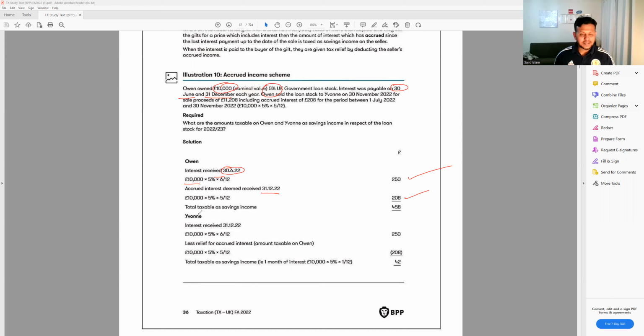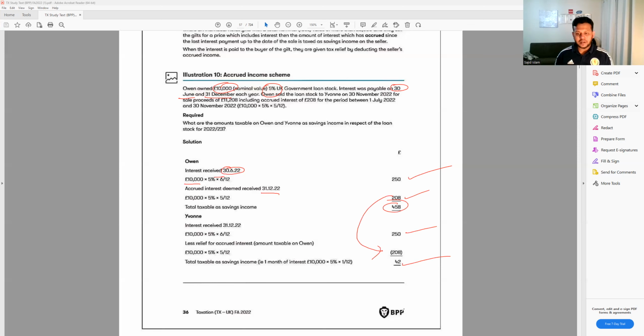So total taxable as savings income, £458 for Ben. For Yvonne, interest received 31st December, £10,000 at 5% for the 6 months, £250, less relief for accrued interest. So amount taxable on Ben is £10,000 at 5% for 5 months. This is exactly this one. And the total taxable as savings income, for example 1 month of interest, that is £42.